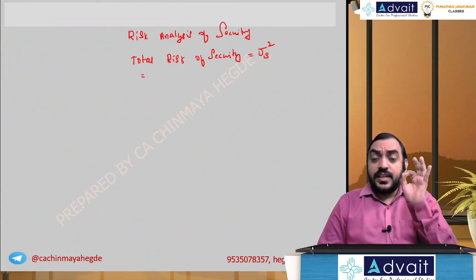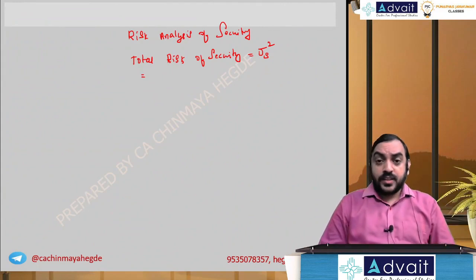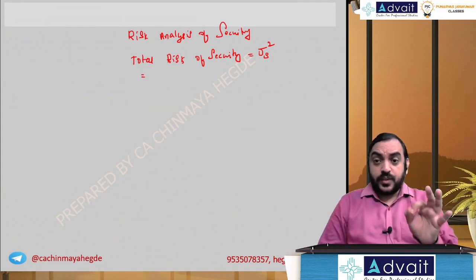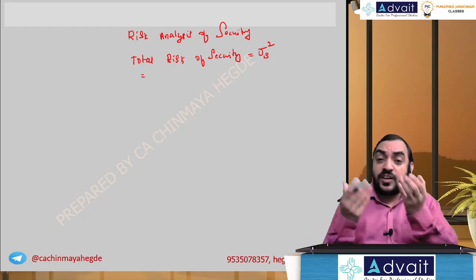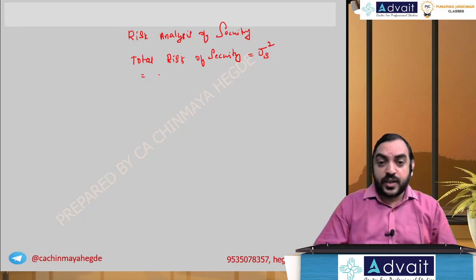Variance is used for simplifications, calculations, analysis. Here we are doing analysis, so I cannot use standard deviation. I have to convert it to an area, which is variance. So 9.104 square is 82.88.